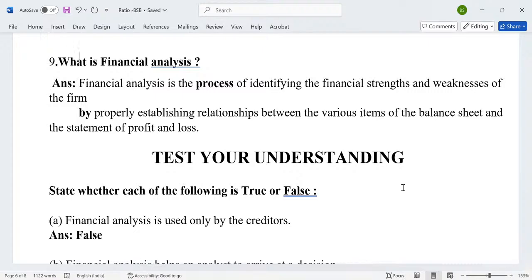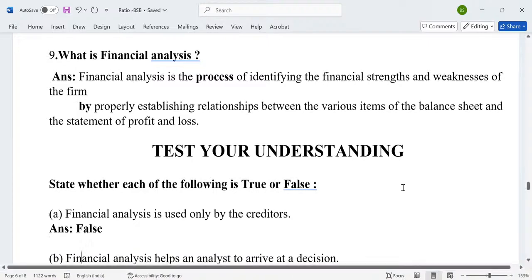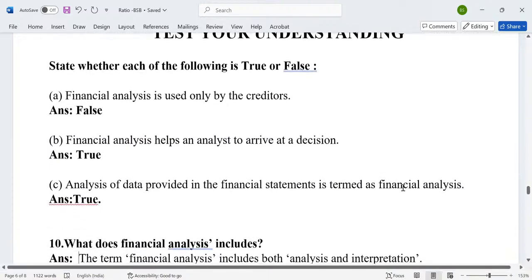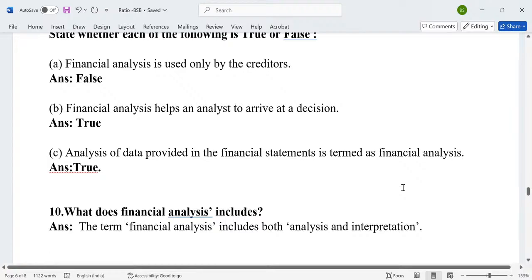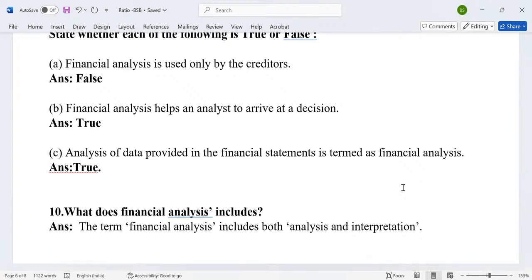Test your understanding. State whether each of the following is true or false. A. Financial analysis is used only by the creditors. It is false, because financial analysis is used by the owner, employees, government, suppliers.